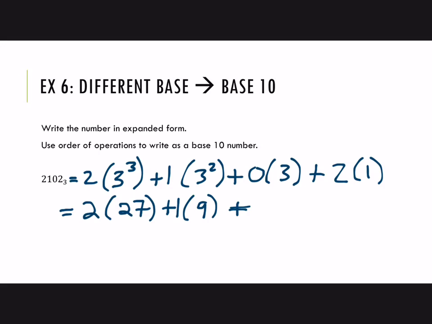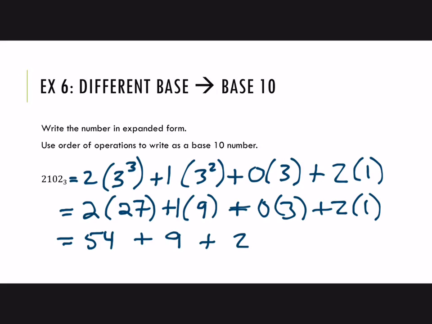Alright, and then that's it for exponents. Multiplying, 2 times 27 is 54, plus 9, plus 0, plus 2. Okay, and that's, let's see, 65. Alright, so 2102 base 3 is the base 10 number 65.